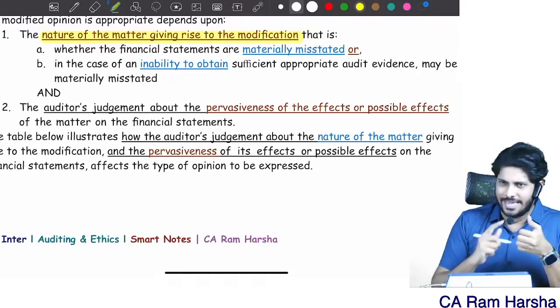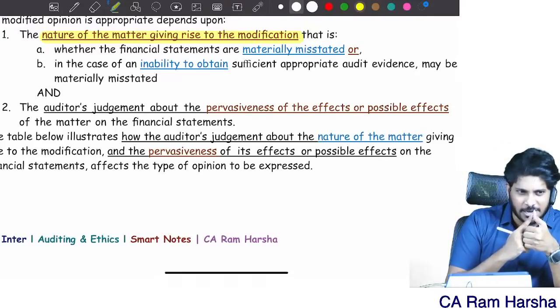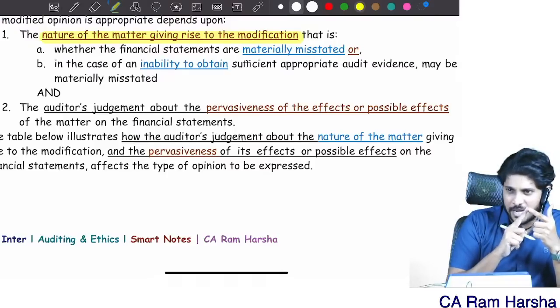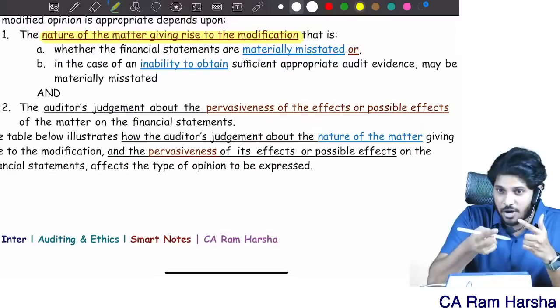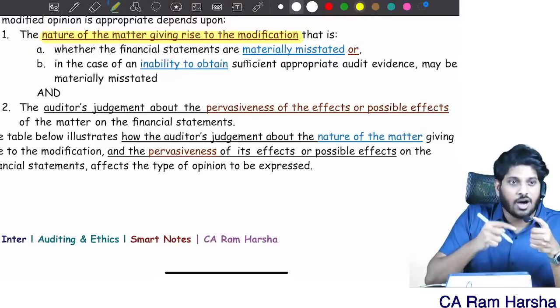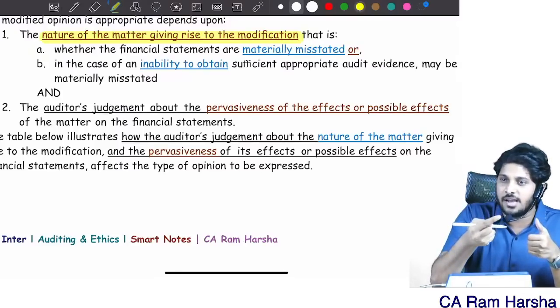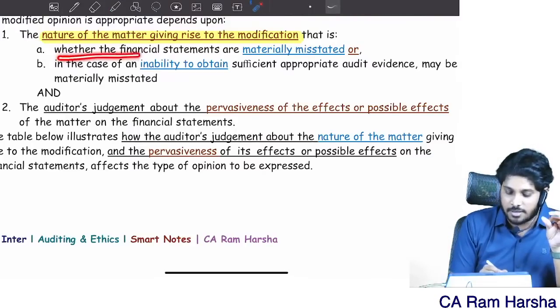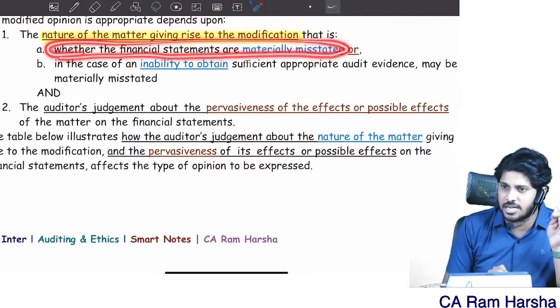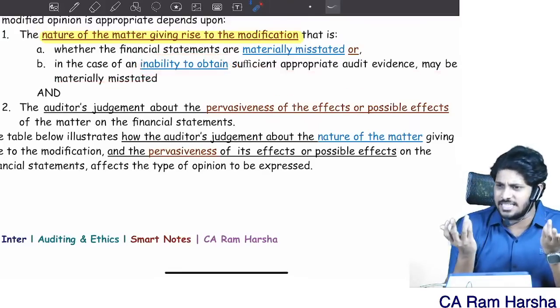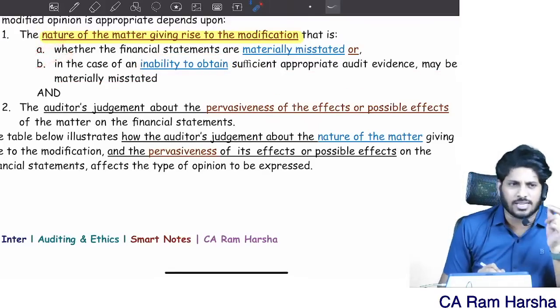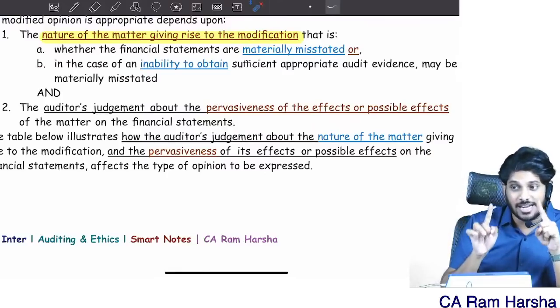First of all, is it because you found a material misstatement? Or is it because you are unable to get evidence for a material item? What is the reason? Is it because of non-availability of evidence, or because you found a material misstatement? Whether the financial statements are materially misstated or you are unable to obtain sufficient appropriate evidence. What is the reason? What is the nature? Not just that.